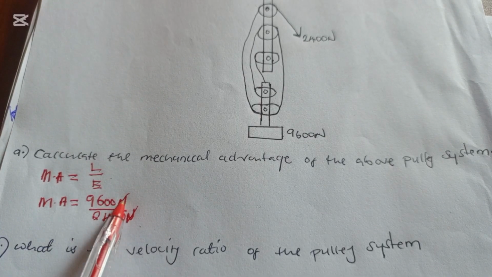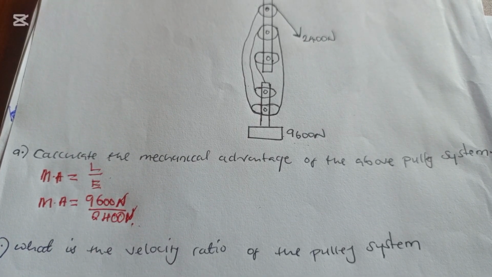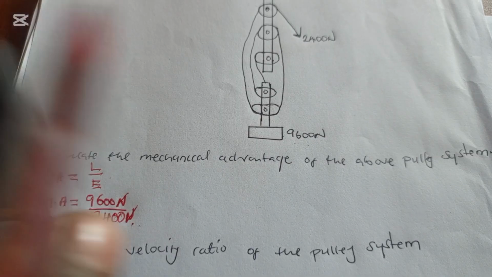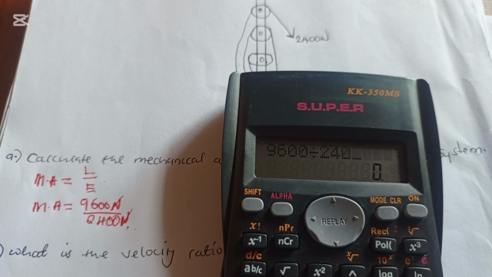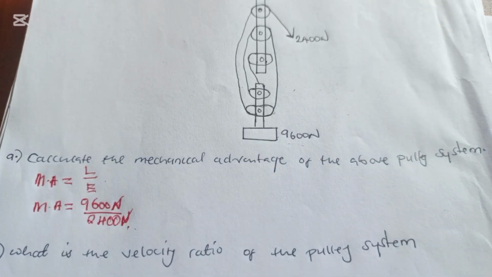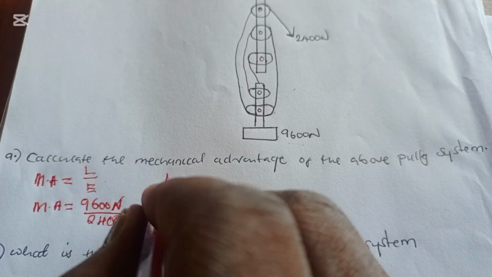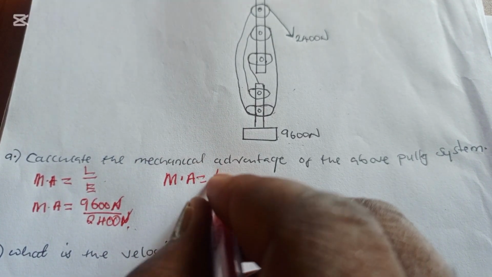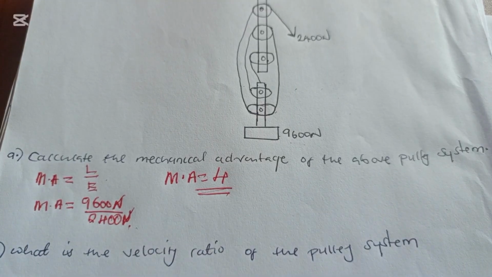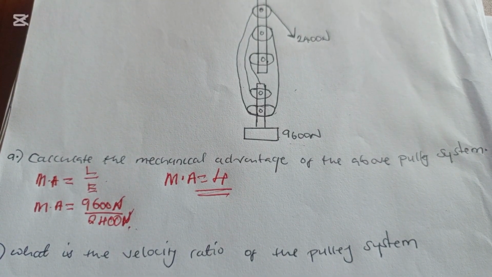Then we divide using the calculator: 9,600 divided by 2,400 gives 4. So our mechanical advantage is equal to 4. This is our final answer for this question.